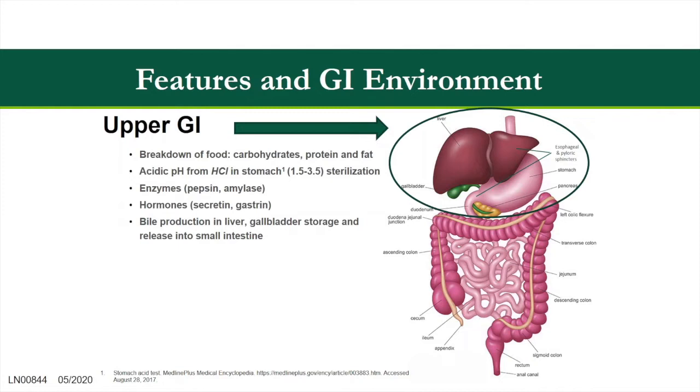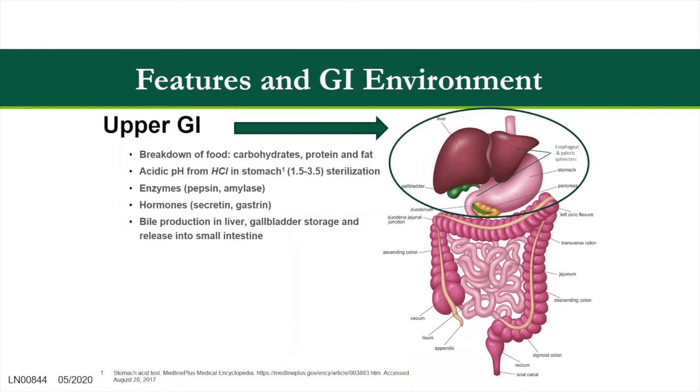The features and environment of the GI are separated into the upper and lower GI. The upper GI, starting with the mouth and going down from your esophagus, you have the stomach, then the liver, gallbladder, pancreas, all part of this.